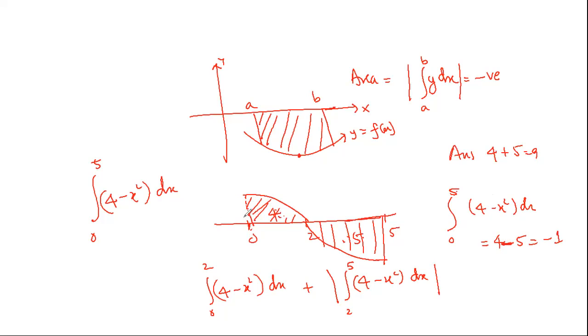So I will not get the actual area. So every time I will have to check whether the curve is above the x-axis or below the x-axis. If it is half above and half below, you must split the integral into 0 to 2 and 2 to 5. Where it is negative, you need to put the modulus. Where it is positive, you keep it like that. Understood or not?